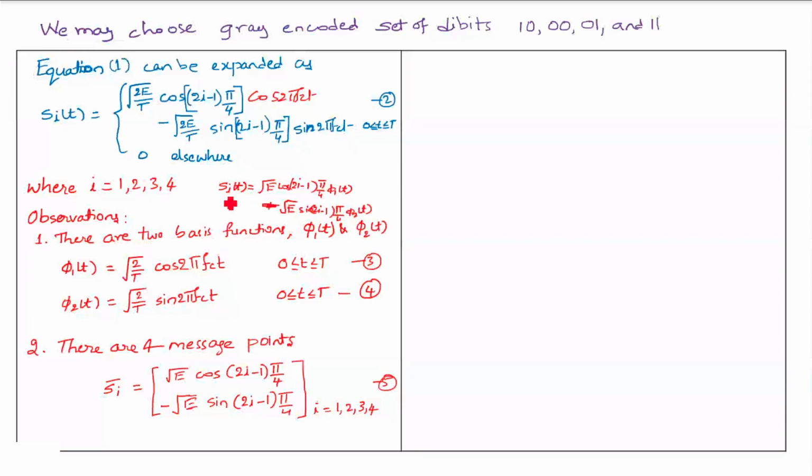So a linear combination of two orthonormal basis functions for s1 of t, s2 of t, s3 of t. Now these scalars result in a vector correspondingly.